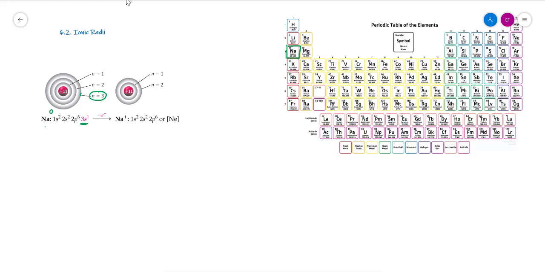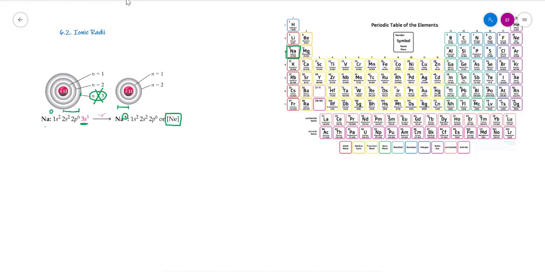But if we ionize this and we allow it to revert back to its closed neon shell, what it wants to be, Na+, then what we've done is effectively eliminated that electron in the largest shell, and we've contracted the whole ion to be much smaller in radius than the original atom.